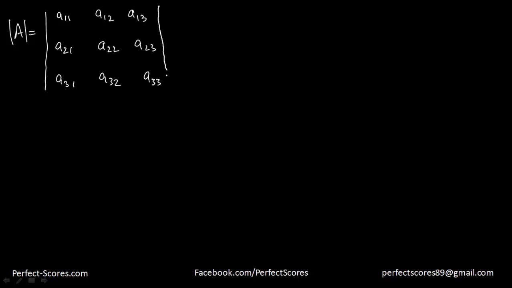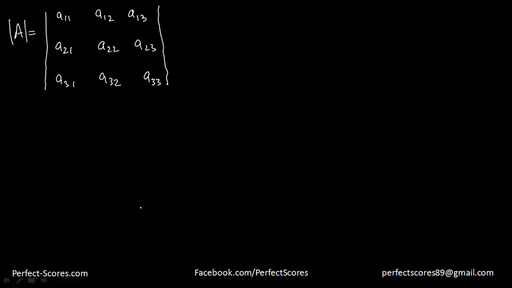Now let's suppose I want to find the determinant of this matrix. There are so many ways of finding this determinant. I'm going to show you one way, and I'm going to connect all the different ways that you can find the determinant using this.